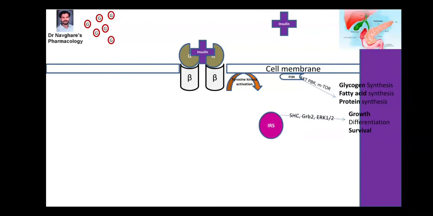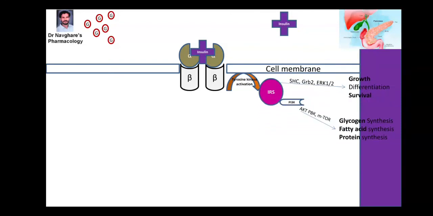Because of tyrosine kinase activation, insulin receptor substrate activates, which gives rise to growth, differentiation and survival. Along with that, glycogen synthesis, fatty acid synthesis and protein synthesis take place.